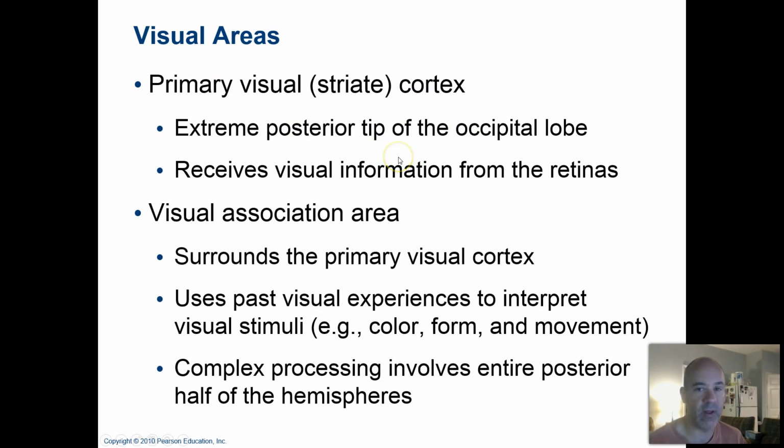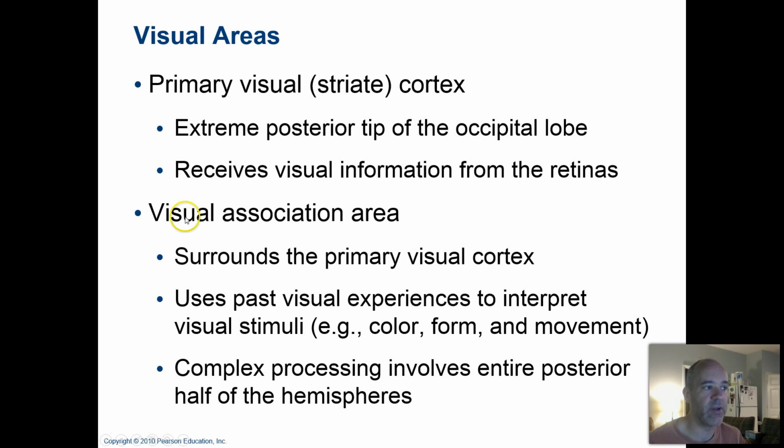So the neurons there that deal with detecting light and different colors of light generate action potentials that head backwards through your optic nerves, which remember crisscross in that optic chiasma at the sella turcica, and head backwards towards the extreme posterior tip of the occipital lobe. That's where your primary visual cortex is located.